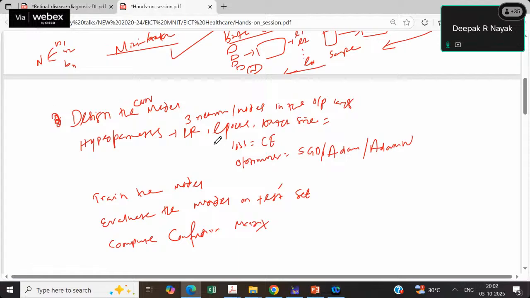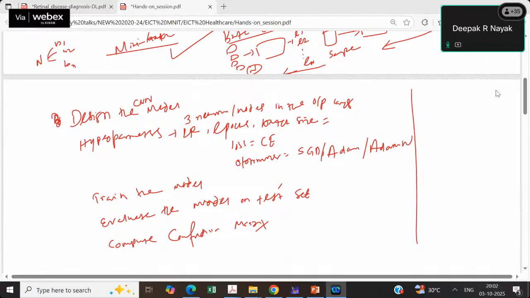One more thing we can do is use transfer learning as a concept to solve the problem. Instead of designing the model, you can load a pre-trained model.